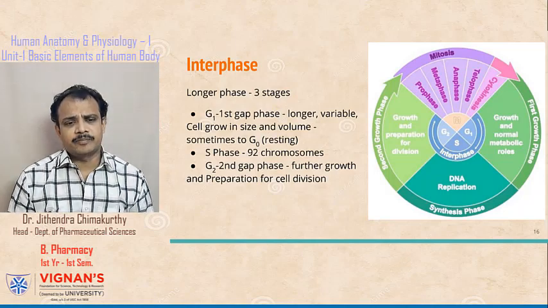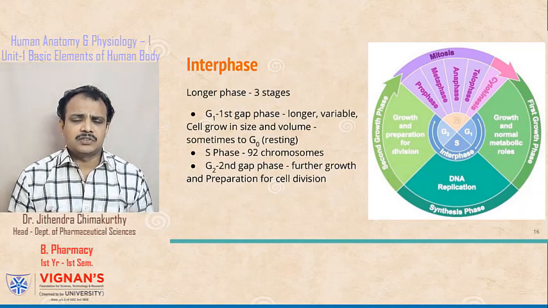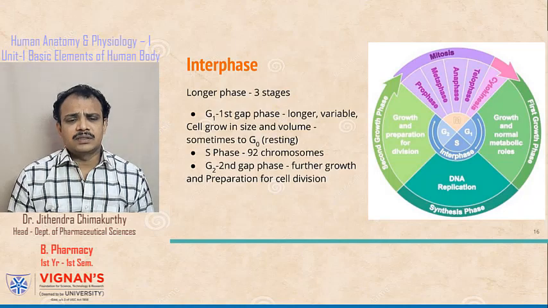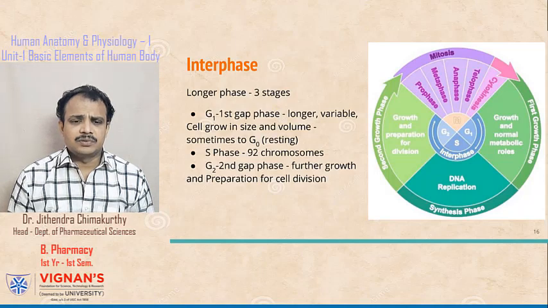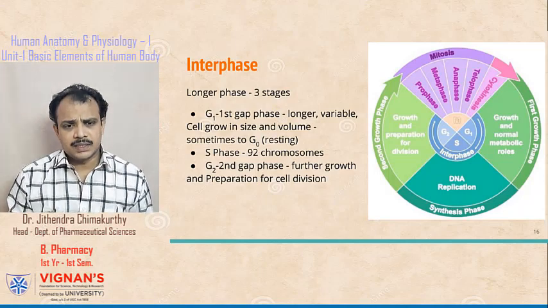The first gap phase is also called G1 phase. In this phase, there occurs growth in size of the cell, which leads to an increase in volume of the cell.